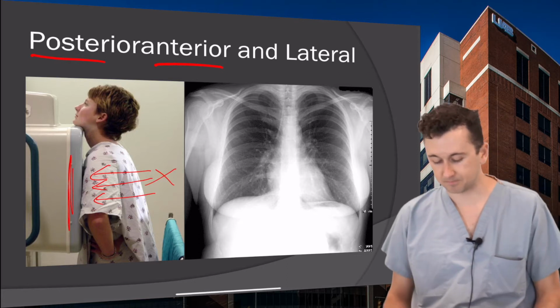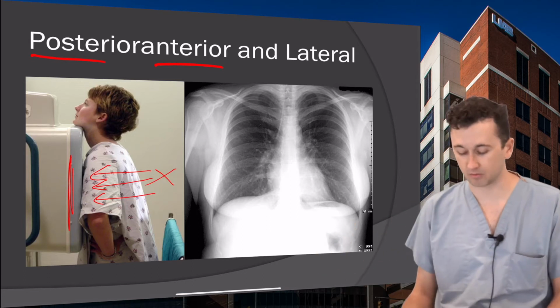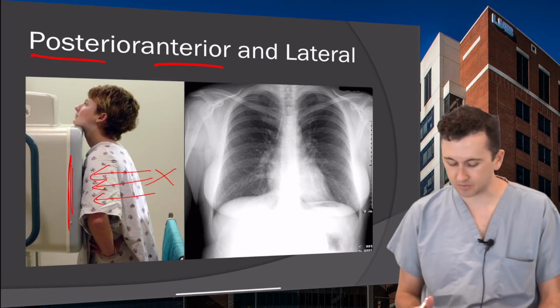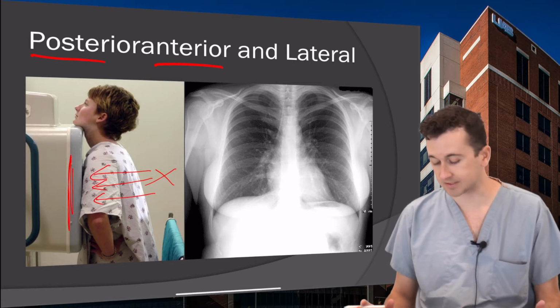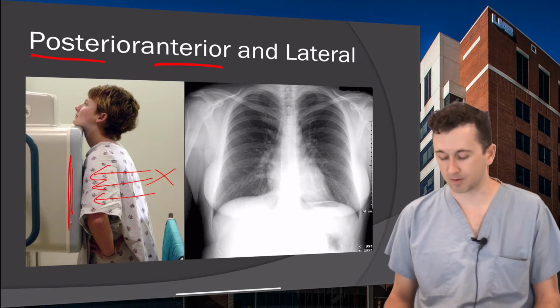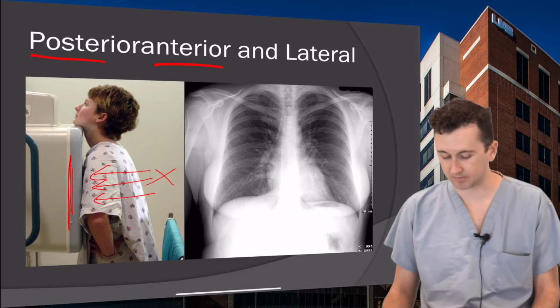So it's aptly named, just describing the direction in which the rays are flowing. And to the right on the presentation, this is an example of really the perfect chest x-ray. We'll talk about why it's so high quality, but this is what a PA film looks like.